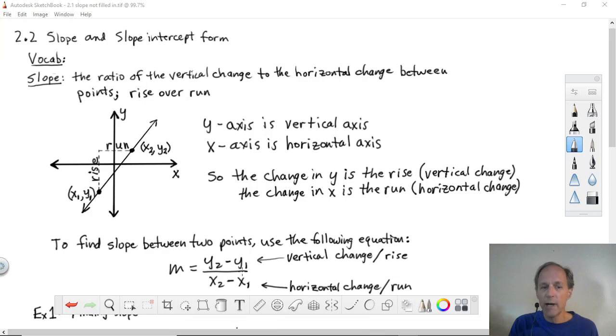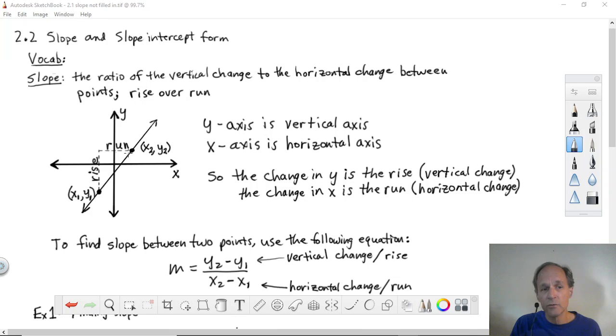Again, y sub 2 minus y sub 1 being the vertical change, also called the rise. You can calculate it by subtracting those values. That tells you how much it changes as it goes from y1 to y2. Well, subtract. That's how much it changes. y sub 2 minus y sub 1. And similarly for x, x sub 2 minus x sub 1 tells us how much it changes along the x-axis.